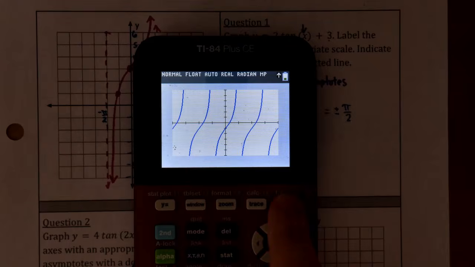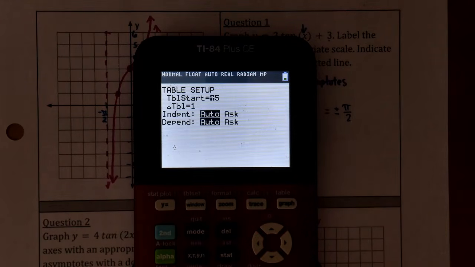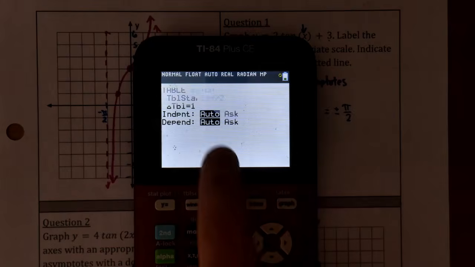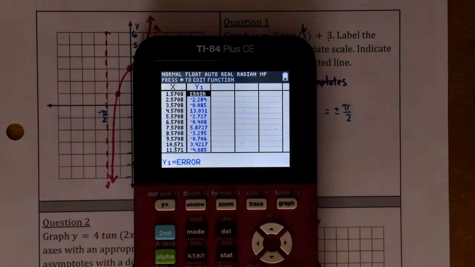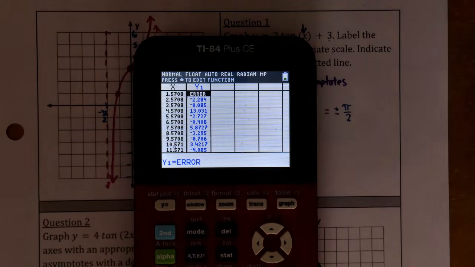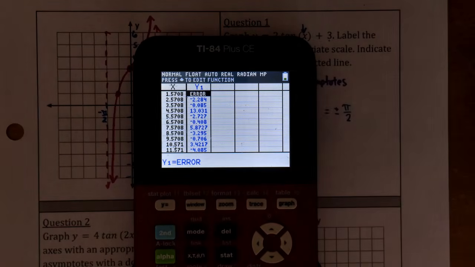It just keeps approaching it as close as you can get. And if I go in my table and I look at pi over 2, look at that, I have an error. The graph got so close to the dotted line that it actually just disappeared. If it actually hits that dotted line, it goes away because you end up dividing by 0, which you can't do in math.